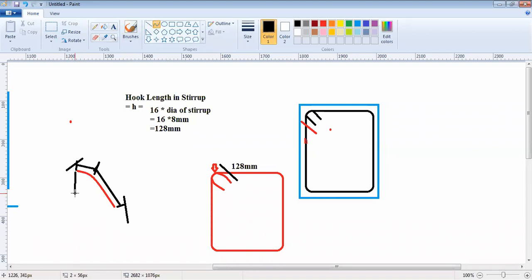Then there would be another hook, this one, and this also has to be from this point first till this point, and from there till this. In total, it has to be 128 mm.